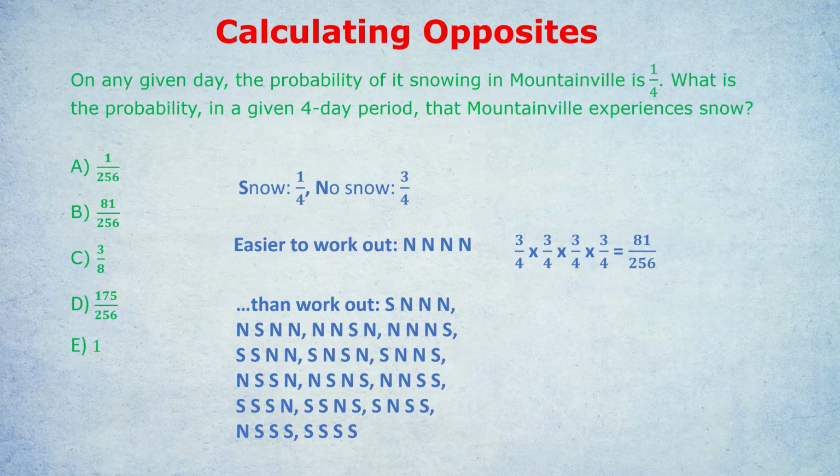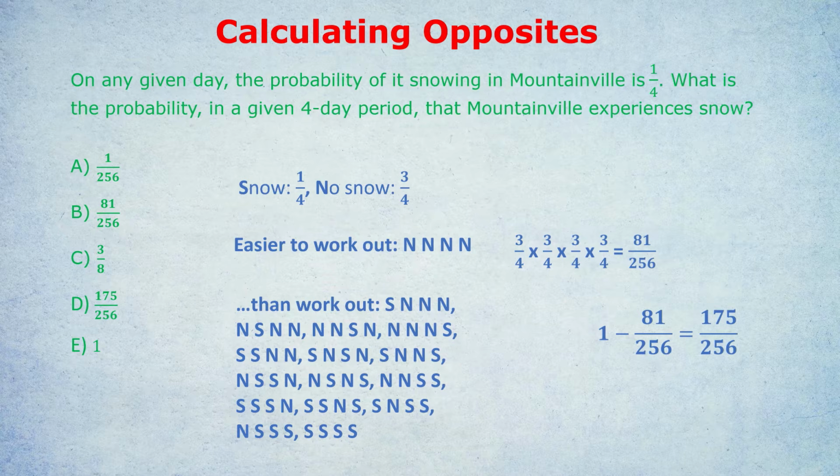So in this case, no snow is 3/4, and it's an and, so we're multiplying, giving us 81 over 256. Now, as you may have noticed, that is the probability of not getting snow when the question was actually asking for experiencing some snow. So we find out what's left over from 1. And the way to think about that, if you're doing 1, take away that, is just how do we get from the numerator to the denominator?